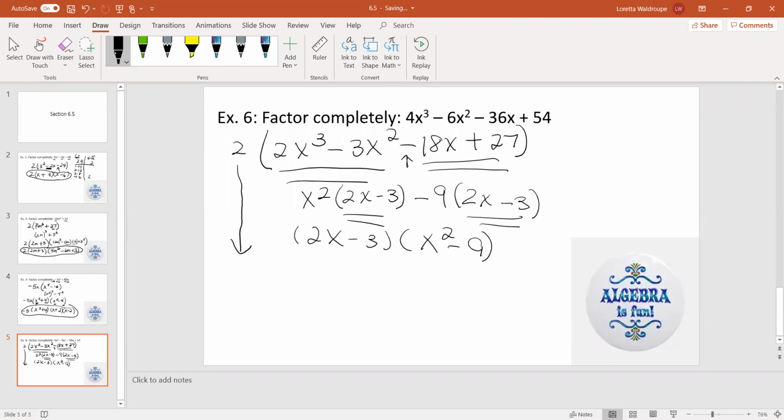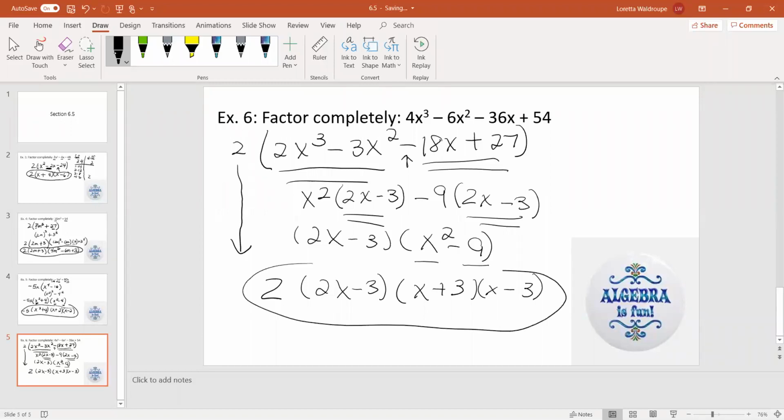But if we look, we notice that x squared and 9 are both perfect squares. So we keep our 2x minus 3, and this becomes x and x, because that's what we square to get x squared, plus and minus, and to get 9, 3 and 3, and don't forget to bring that 2 at the top down to your final answer. And that's your lecture for 6.5.